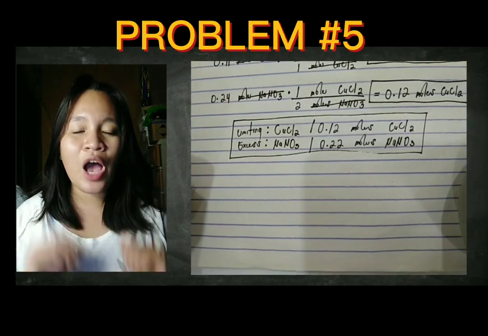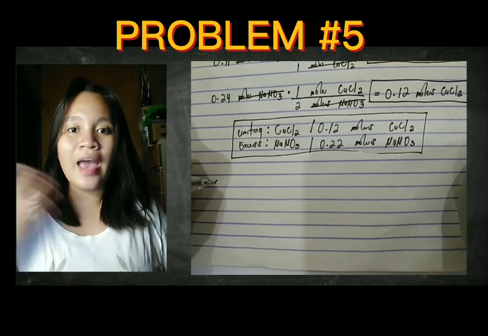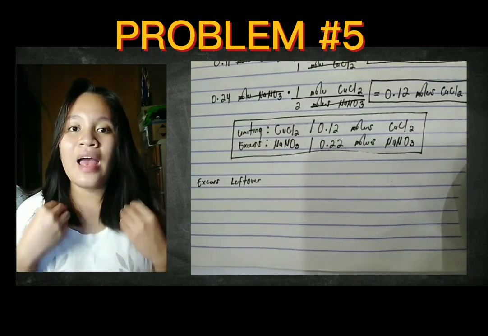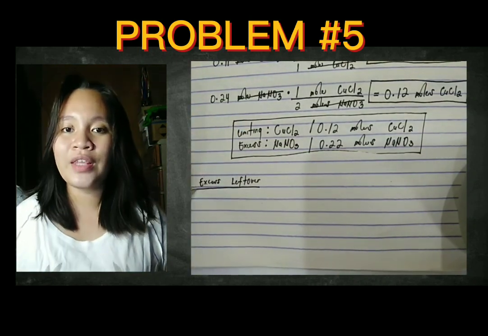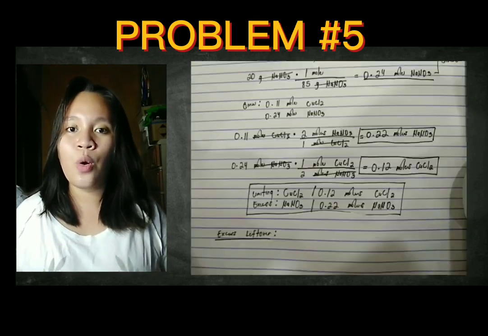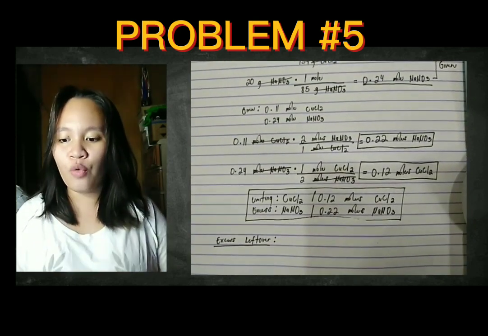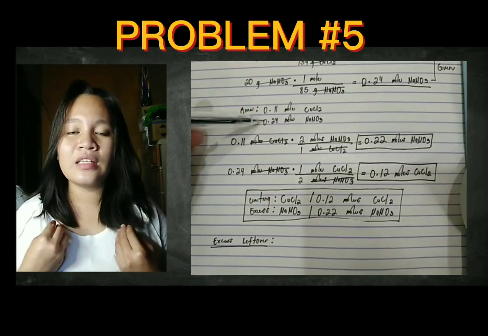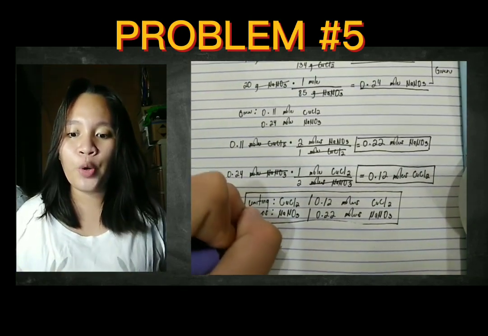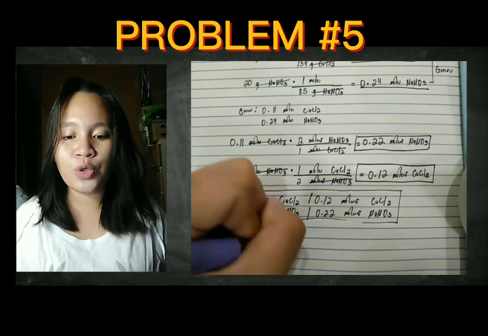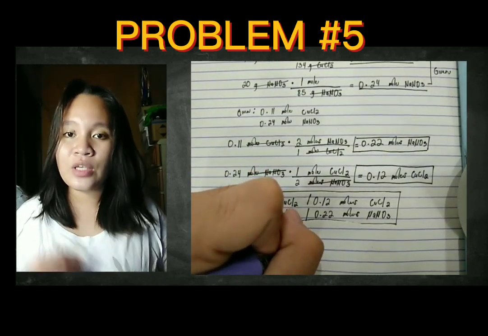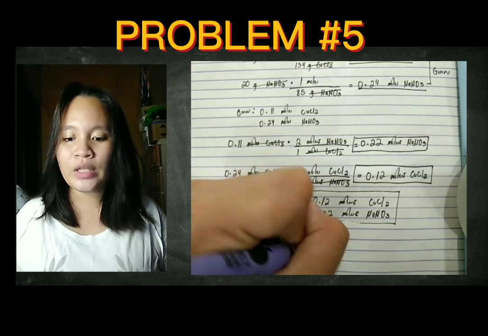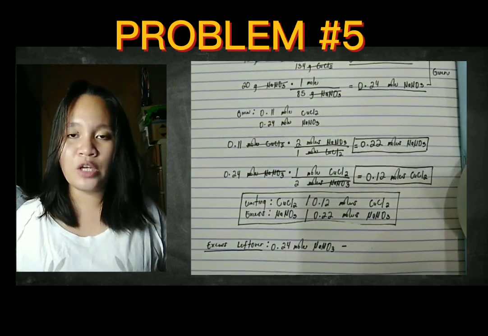So learners, after knowing which is the excess and which is the limiting, let's go back to the excess because we will solve for the excess left over. Upon finding the excess left over, just simply put the given, which is the 0.24 mole of sodium nitrate, and subtract the needed moles, which is the 0.22 moles of sodium nitrate.